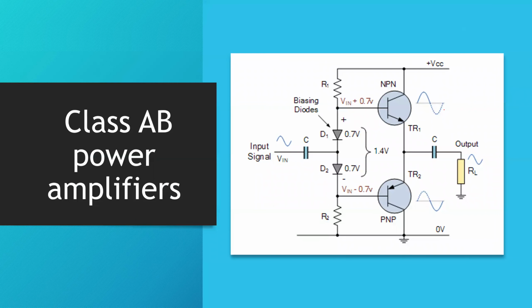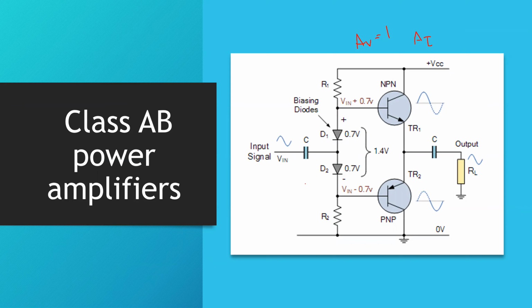Now, in this case, as mentioned before, these are common collector transistors. What that means is that their voltage gain is 1. But how do they amplify? They amplify the current gain. The current gain for this circuit is very high, thus allowing very high current to pass at the output. So the power gain would be high, but the voltage gain is the same.